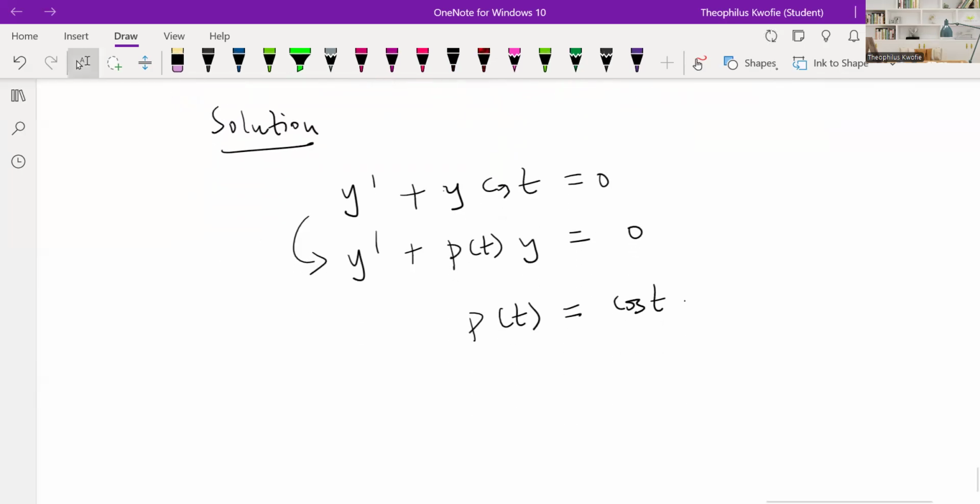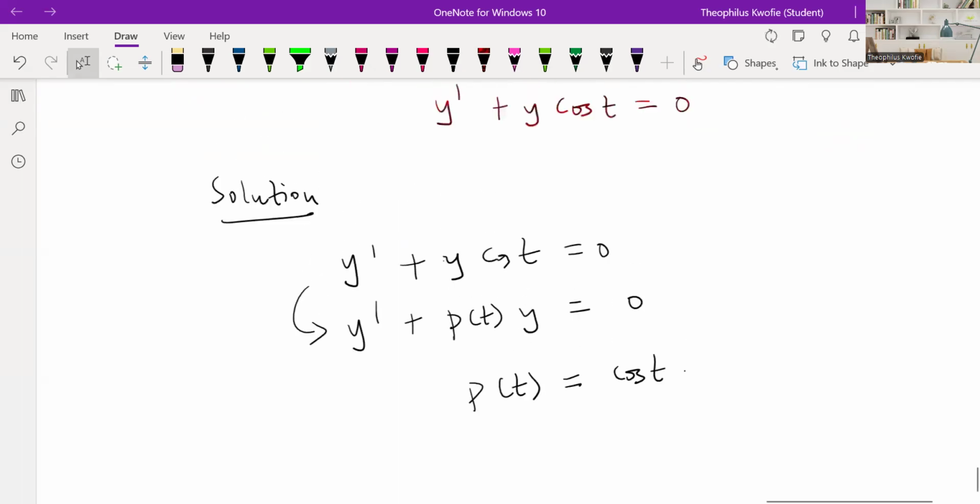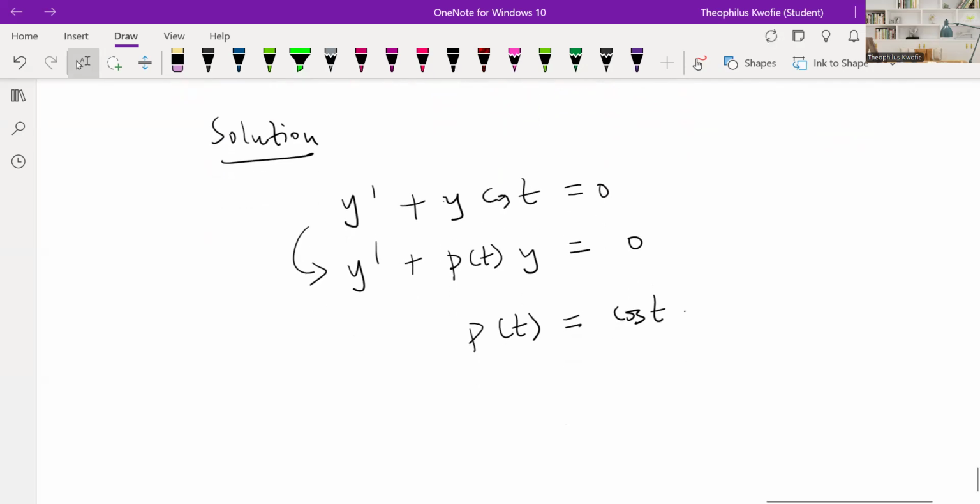Remember, we mentioned that such a problem is separable, and we explained what separable means in simple terms. All right, now let's get going.